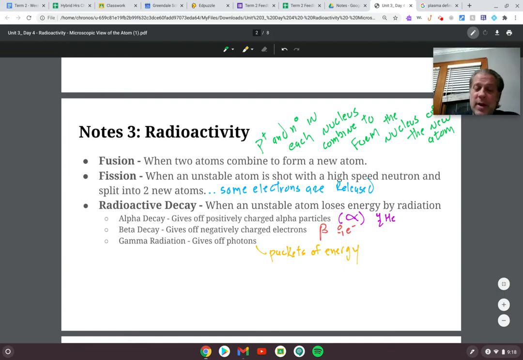Beta decay gives off negatively charged electrons. It's a large B with a tail off the end of it, and it shoots off electrons. And then gamma radiation gives off photons. We haven't discussed what a photon is yet, but for the time being, we're just going to say that they're high energy packets, or packets of extreme energy.